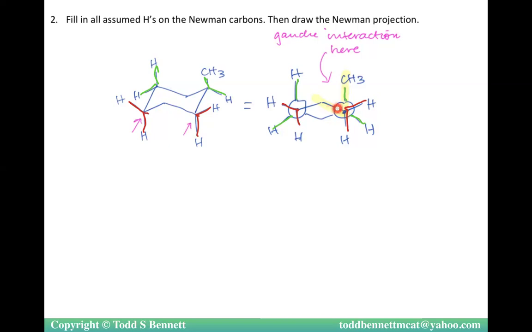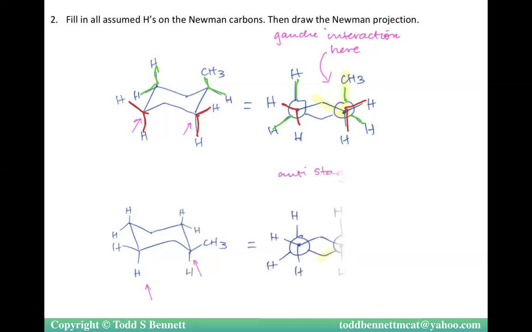So these bulky groups are gauche. Whereas if I draw the other version with the equatorial, again, let me just emphasize these are here and here. These are here and here. Here and here. Here and here. And then this is in back.